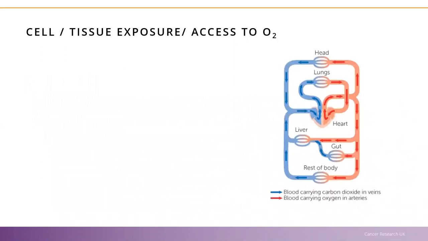But cell and tissue exposure or access to O2 in a living creature is based on breathing this partial pressure of 159 millimeters of mercury O2. And for humans, it has been shown that your lung cells, your alveolar tissue, sees about 100 millimeters of mercury partial pressure O2.